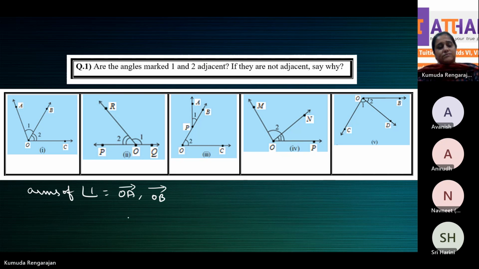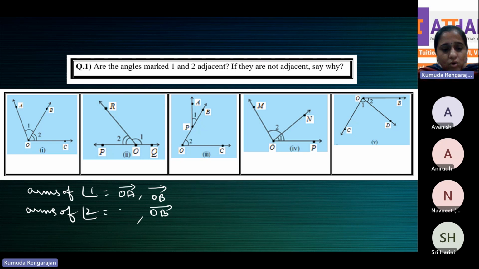Correct. And which are the arms of angle 2? Ray OB and OC. See, they have a common arm. Both of them have a common arm, OB.